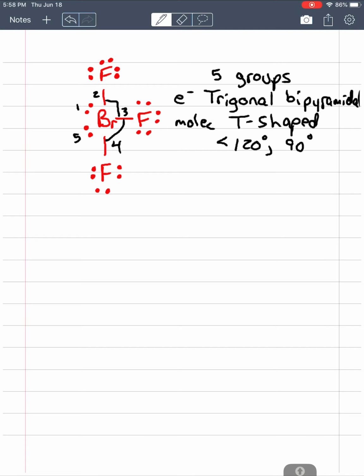All right. Let us replace the last equatorial position with a lone pair. Remember, we still have our axial positions.